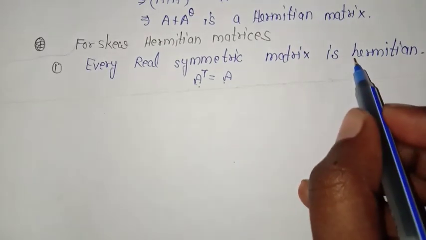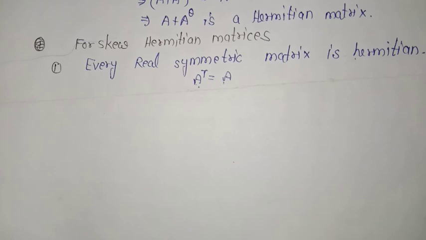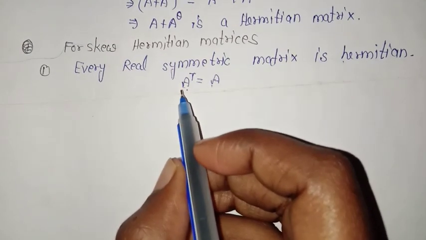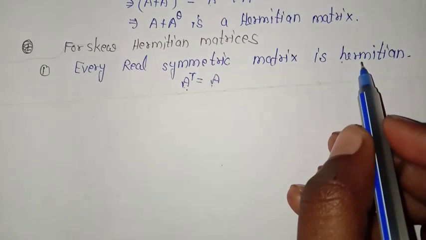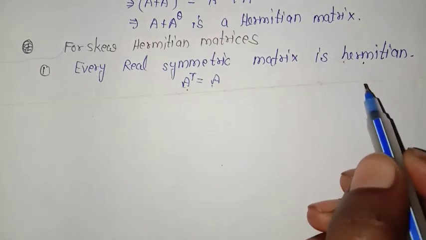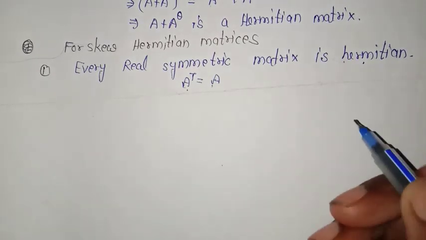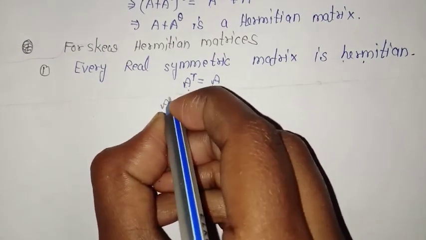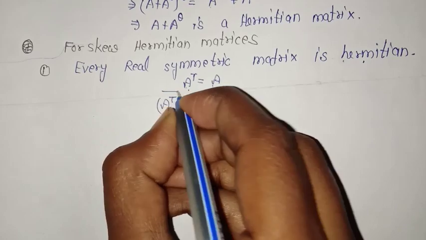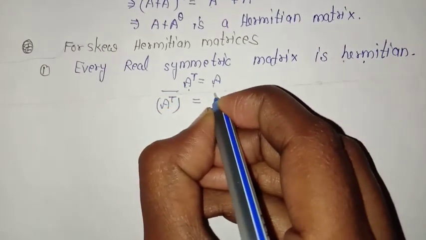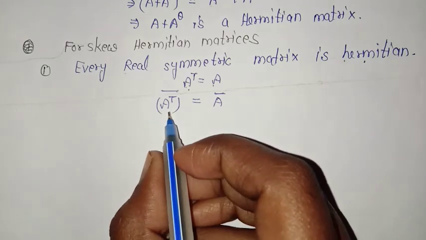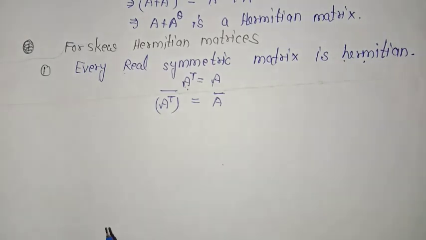In order to show that this matrix A is Hermitian, we have to take the conjugate as well, because by the definition of Hermitian matrix, the conjugate transpose of A should be equal to A. So let's take the conjugate on both sides. As we know, this is a real symmetric matrix, so if it is real, its conjugate must be equal to itself.